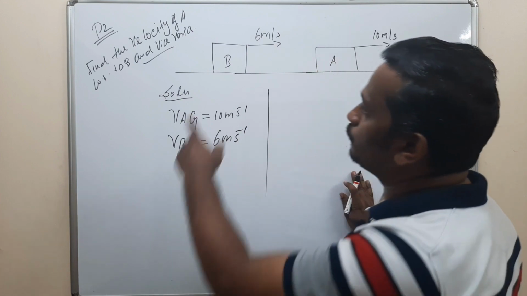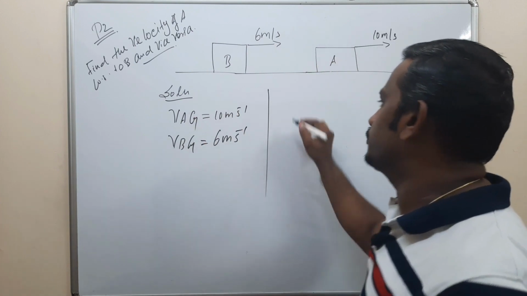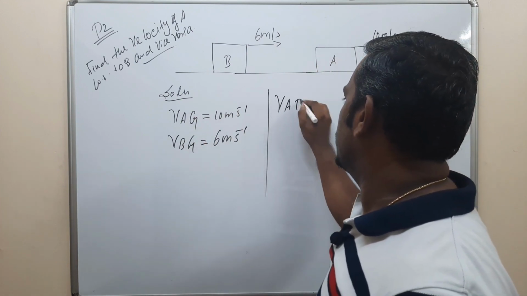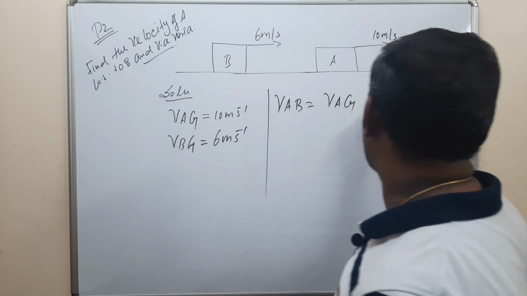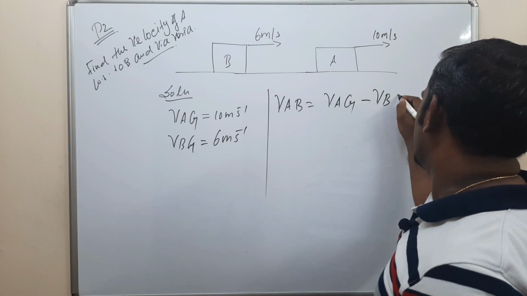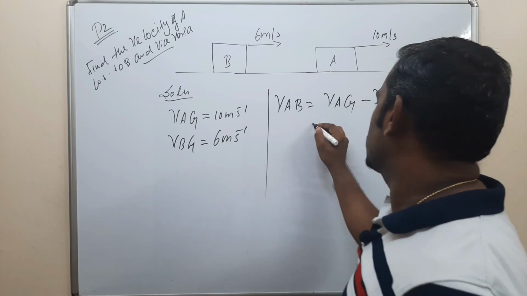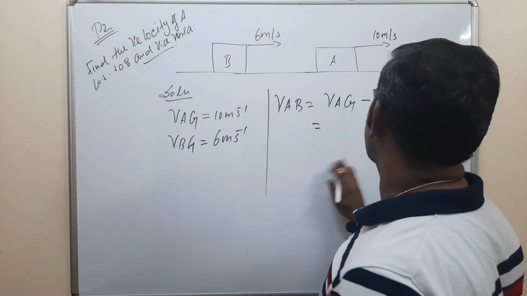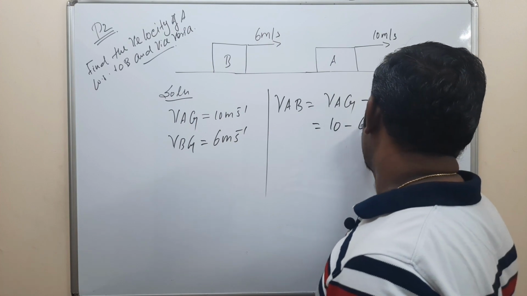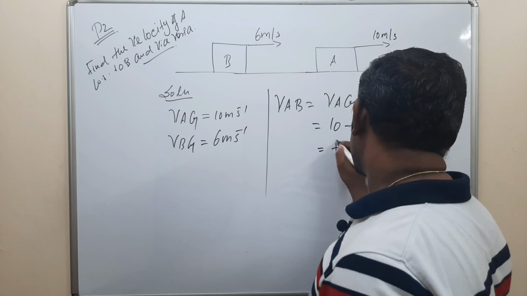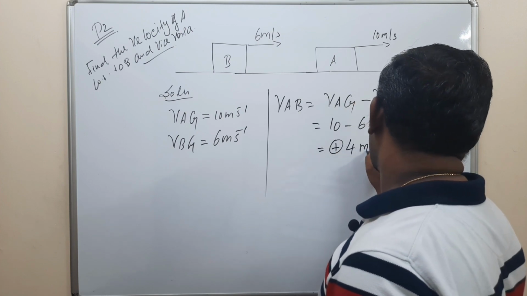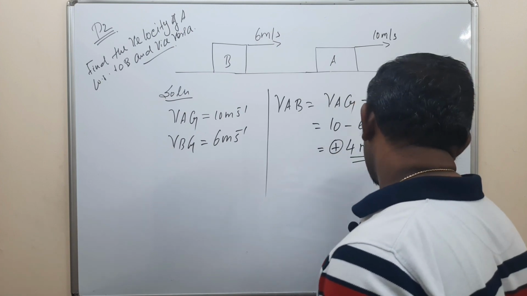So first we have to find the velocity of A with respect to B. Velocity of A with respect to B is equal to velocity of A with respect to ground minus velocity of B with respect to ground. So that is 10 minus 6, that's equal to plus 4 meter per second.